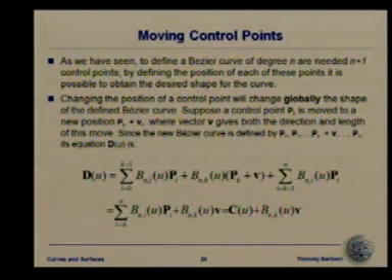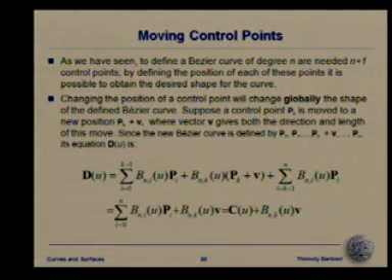What happens when I move one of the control points? This is a mathematical representation of this situation. Given Cu as the original curve, the new curve that you obtain by moving one of the control points can be expressed as follows.